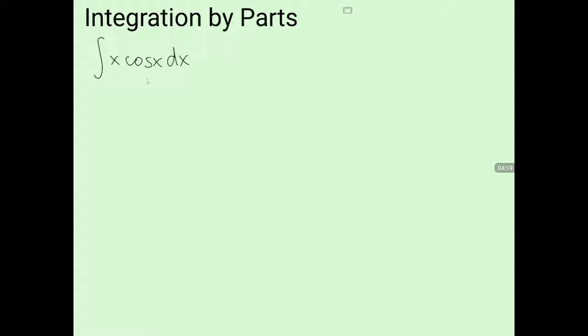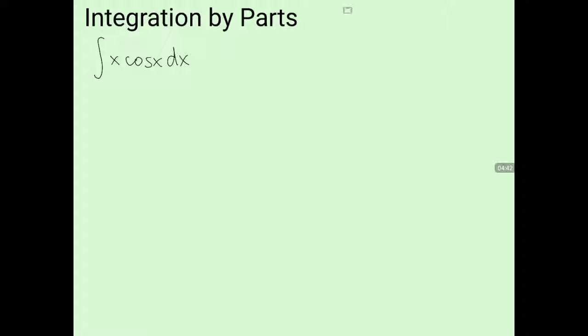And if you think of trying to use substitution, well, cosine x and x are both different functions. If you take the derivative of any one of them, you're not going to end up with anything similar to the other function. So we can't really substitute any variables. So we must use integration by parts.